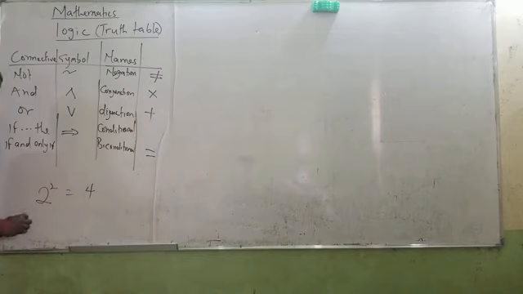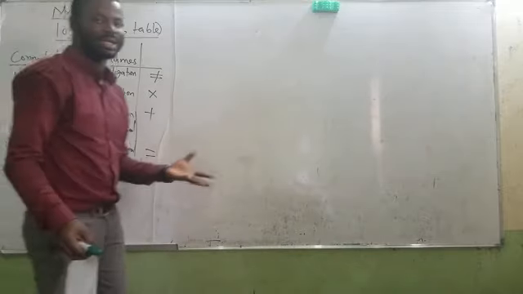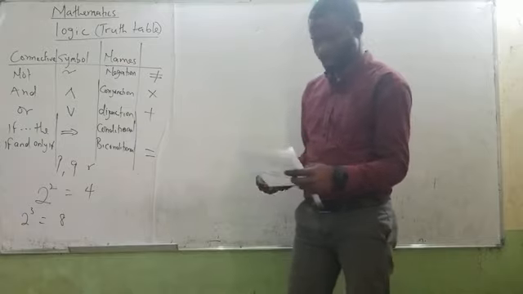If it is P, Q, R, it will be powering 3, which is 8 arguments. The arguments are the true and false values. That is what we are working on.